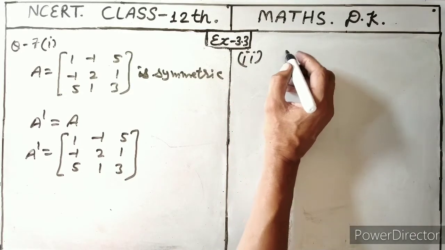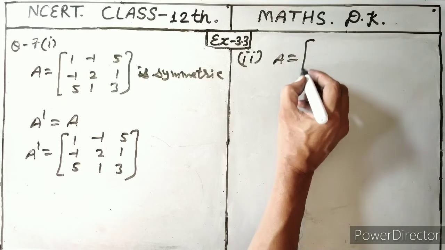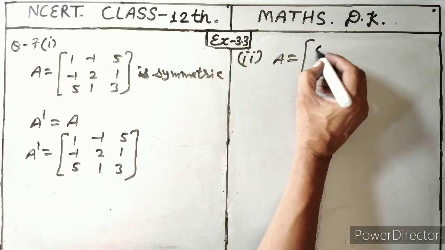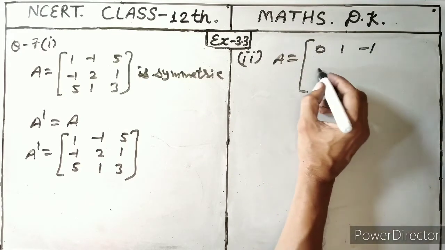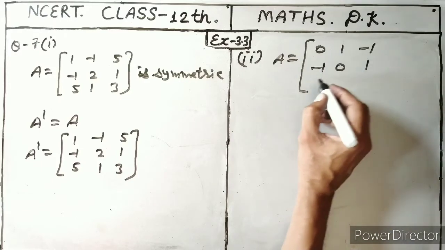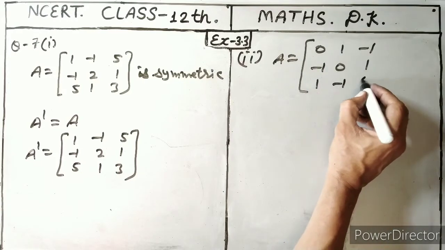we show that the matrix is skew symmetric. A matrix is 0 1 minus 1 minus 1 0 1 1 minus 1 0.